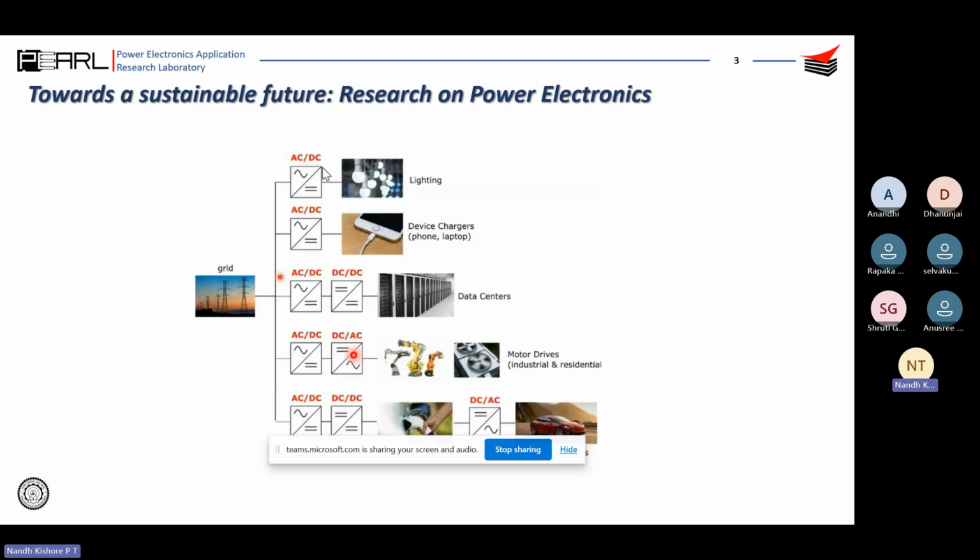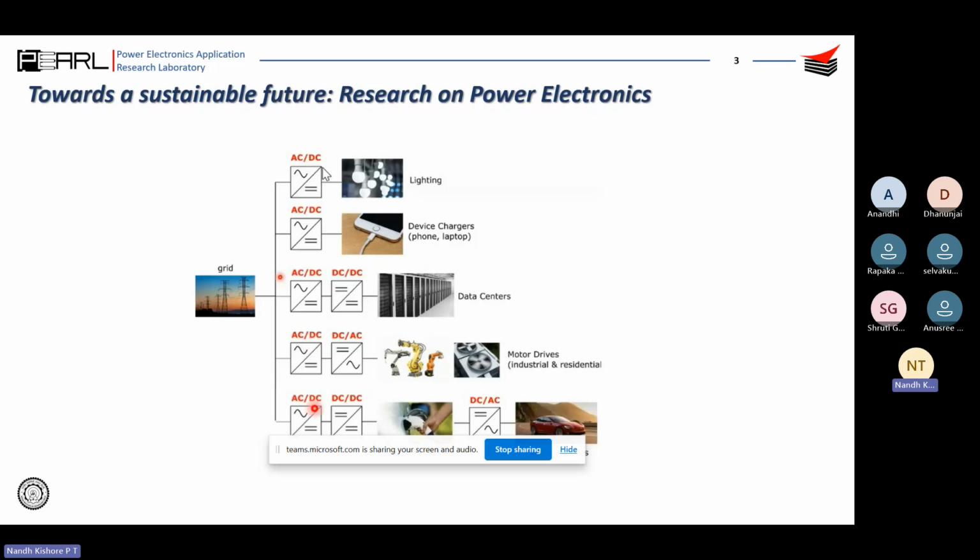I think you might have studied what is known as V by F control, right? That is, you vary the frequency and the voltage also varies, having a fixed flux, right? So again, you need power converters that will enable this conversion, right? That is, you have an inverter that will enable you to take power from a 400 volt DC link, and then you convert it into variable voltage and variable frequency output, right?